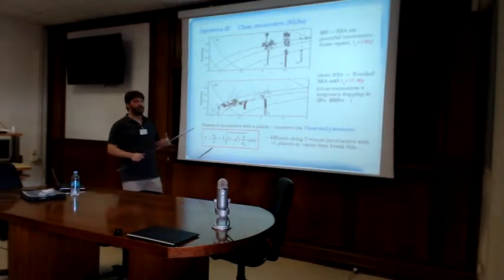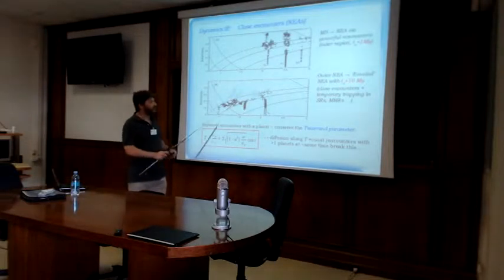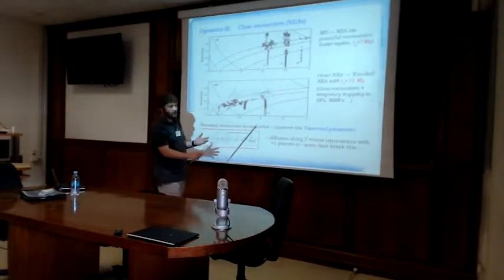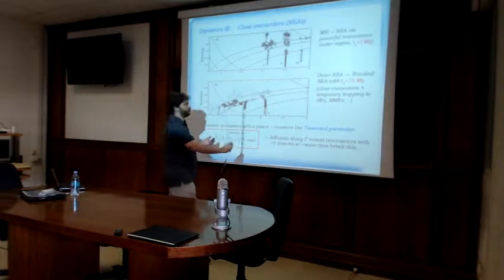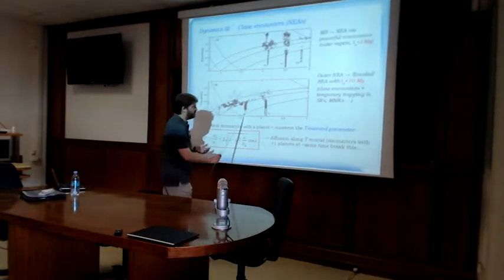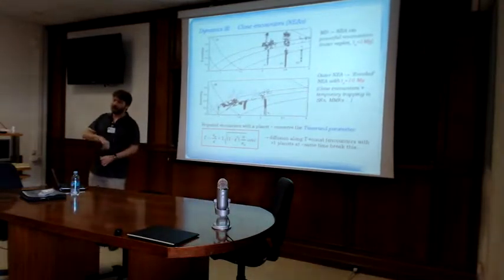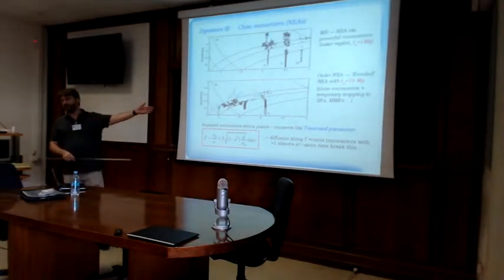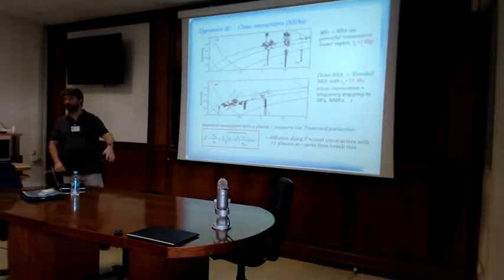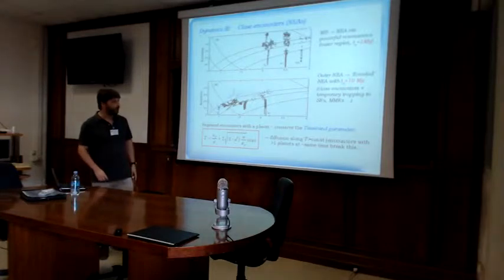But of course, if you have many planets and you have encounters with many planets, this is also a relation that doesn't really hold. There is some diffusion in this parameter. And the dynamics are very complicated because for some time you can wander along this curve, then you can get trapped in some resonance, then you can go out again and so on. And this can take very long. There are evolved NEAs, as they're called, which can last there for tens of millions of years. This one, for example, is 20 million years.